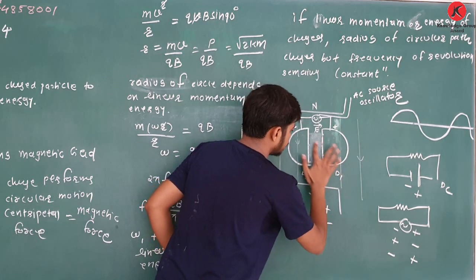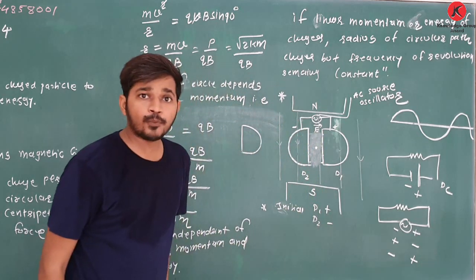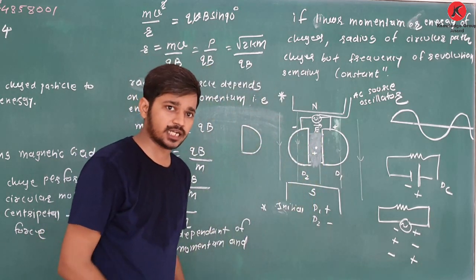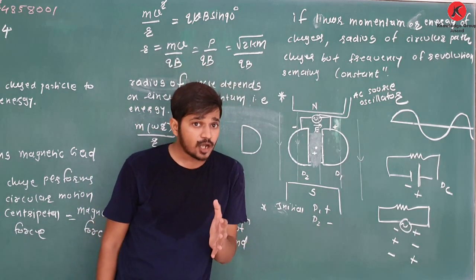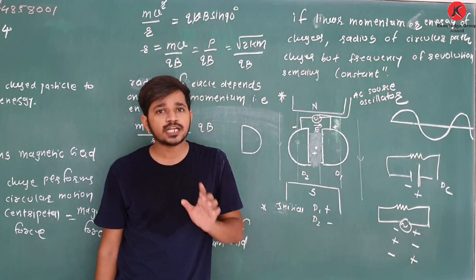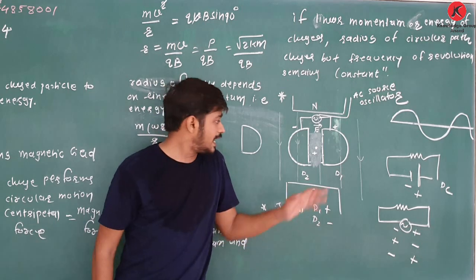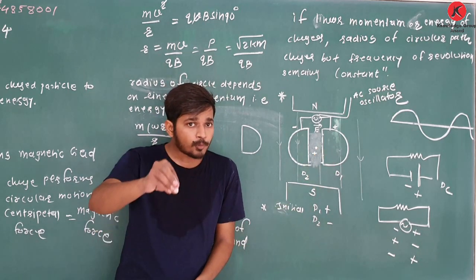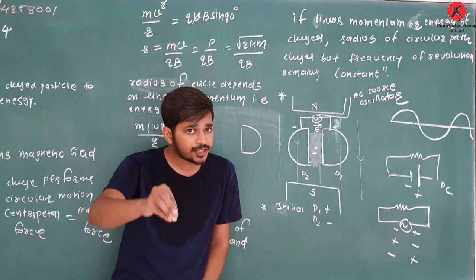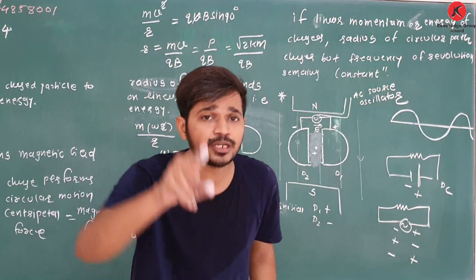If I place at this point one positive charge, then we know that a positive charge is attracted towards the negative plate. So if in this region you place a positive charge, that charge is attracted towards this negative plate due to the electric field.